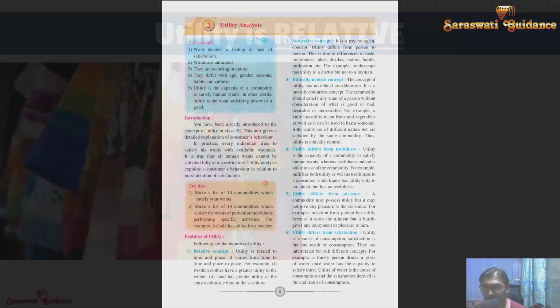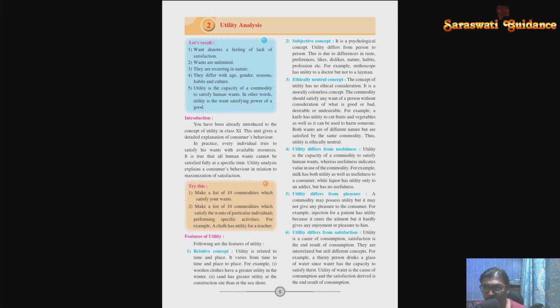If we take a look at your textbook on page number 8, at the bottom you can see features of utility, and the first one is relative concept. It means that utility is relative. What is the meaning of this phrase, utility is relative?